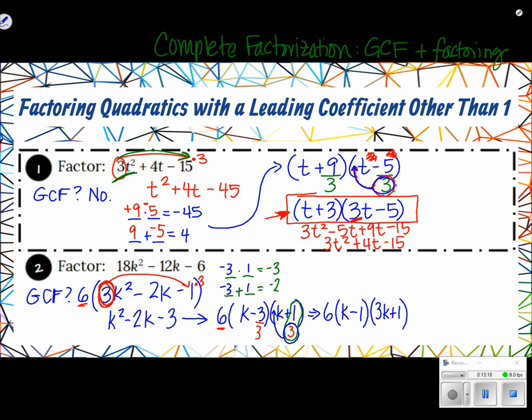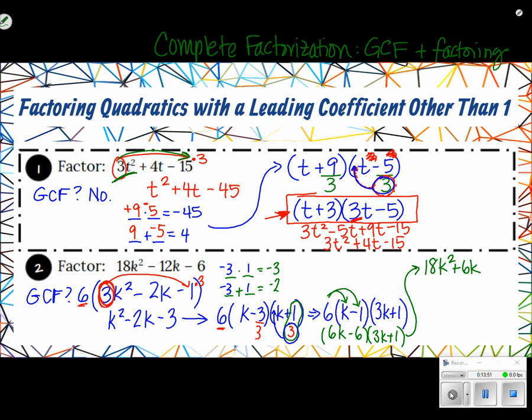All right, we're going to multiply, and when we multiply, you can do this one of two different ways. If you want to distribute this 6, you can just into one parenthesis. So that makes it look like 6k minus 6. I'm going to run out of room, so I may jump up a little bit higher up here. And then 6k times 3k is 18k squared. All right, now we're going to do 6k times 1 and get plus 6k.